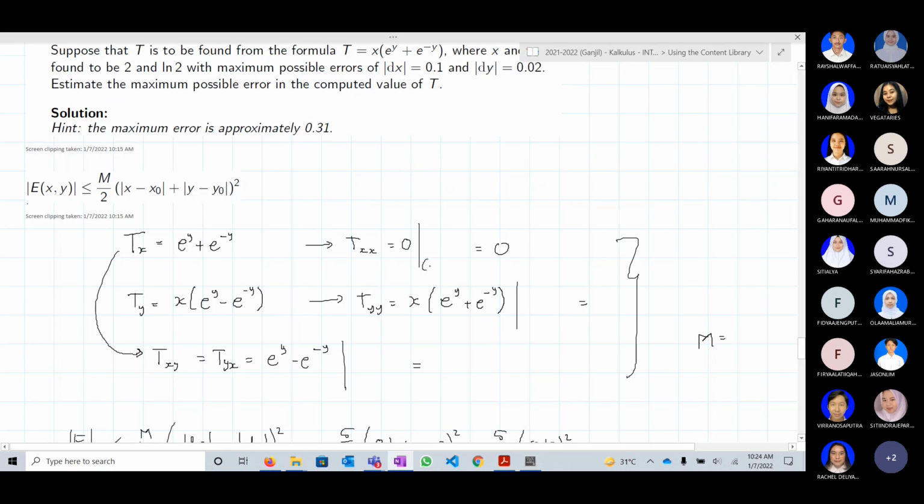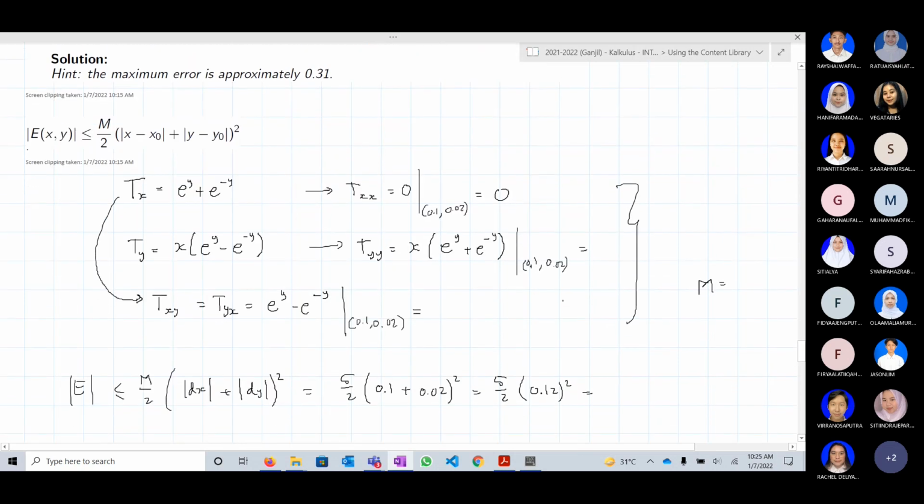Okay, so we evaluate at 0.1 and 0.02. So here 0.1 and 0.02, 0.1, 0.02. So if we evaluate here, we have that.